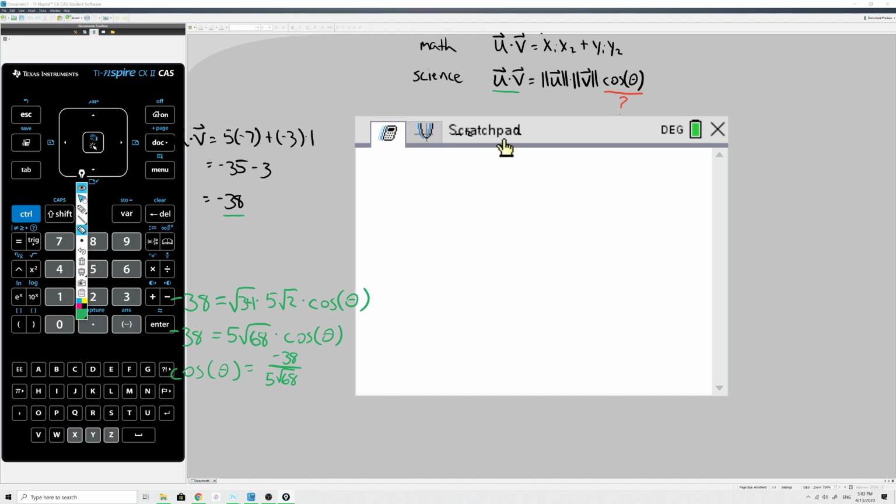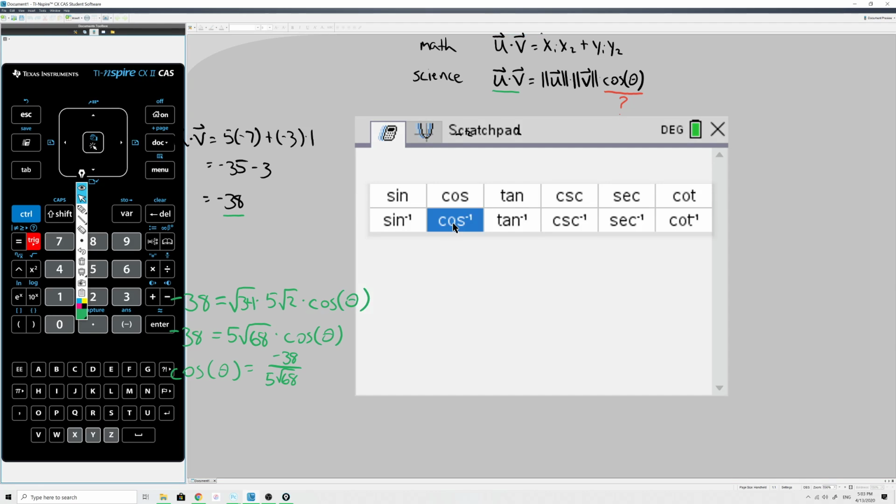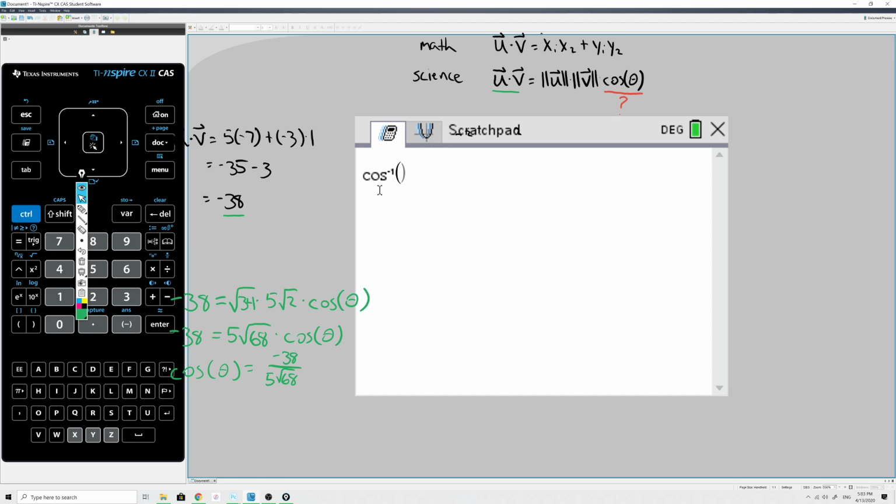All right, we have the cosine of theta is this ugly number. Well, all we have to do to solve that equation is take cosine inverse on both sides, just like we did back in our trigonometric equation days. So take cosine inverse, and we have cosine inverse of negative 38 over 5 square root 68.